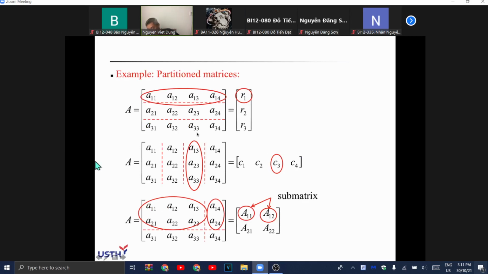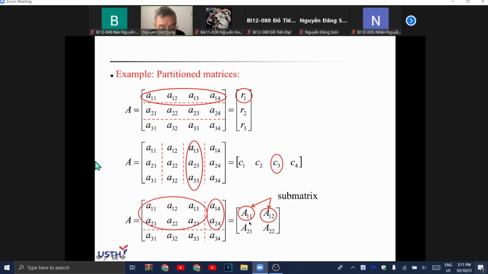And here is an example. It's a small one. A 3 by 4 matrix A like that is divided into 3 rows, R1, R2, R3. And it is divided into columns like that: C1, C2, C3, and C4, and here is C3. Also, any matrix can be divided into small blocks by using horizontal and vertical dashed lines like that.